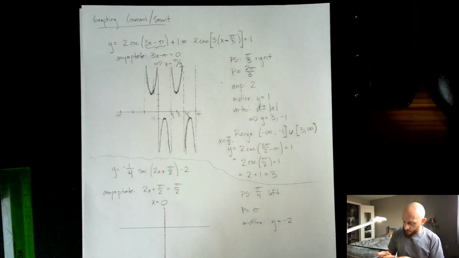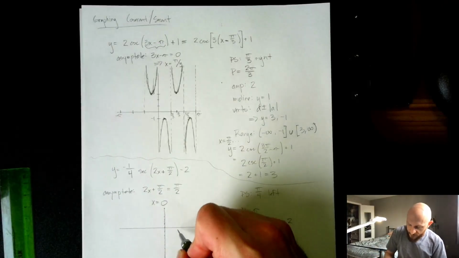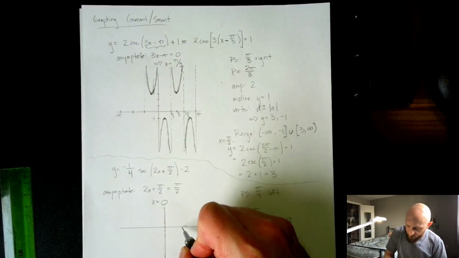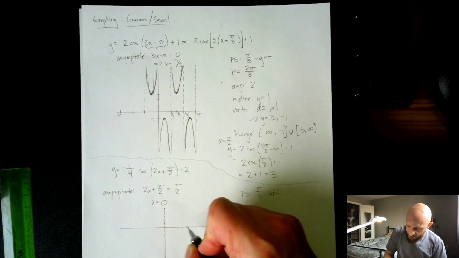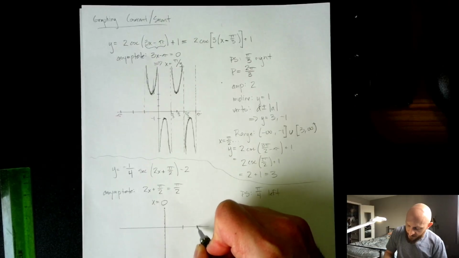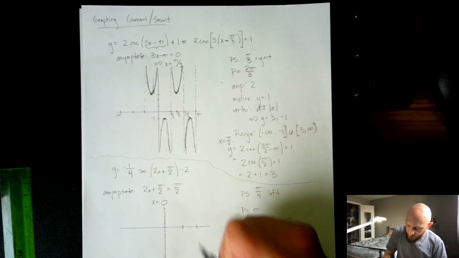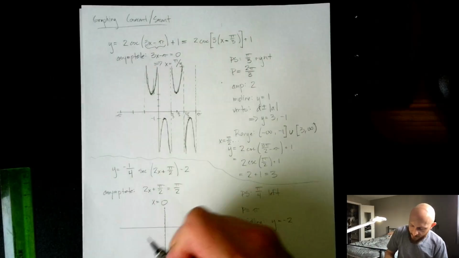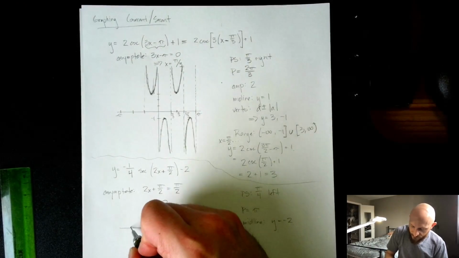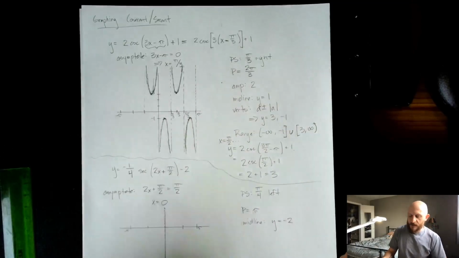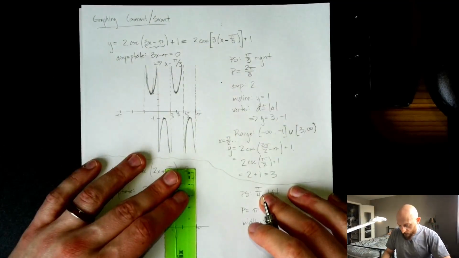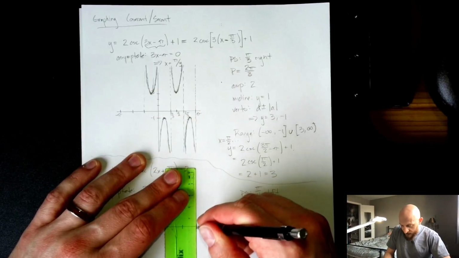I'll mark this off by units of pi over 2, remember, because we need to split each of our periods in half. So this is pi, and I'll go in the negative direction too. -pi. So I know there will be an asymptote here at pi.